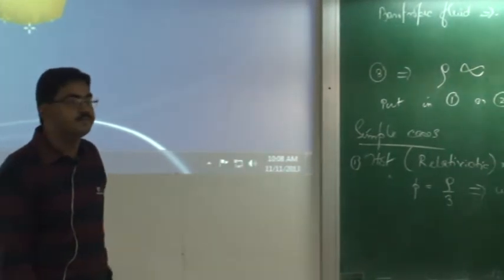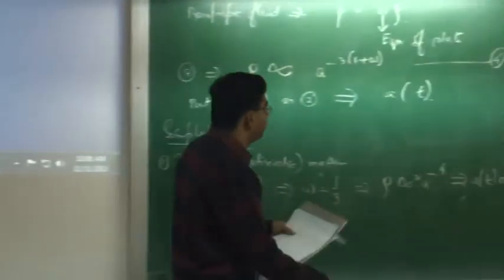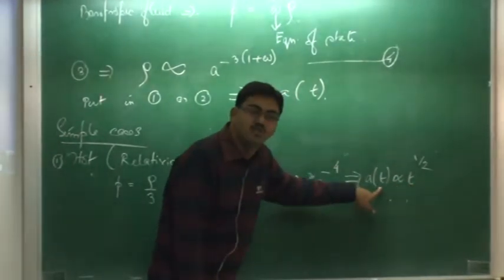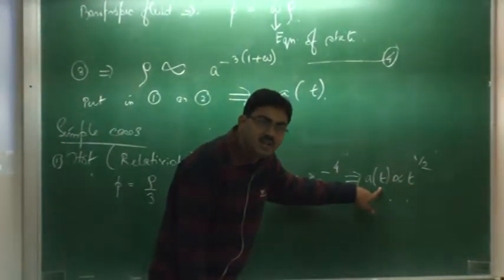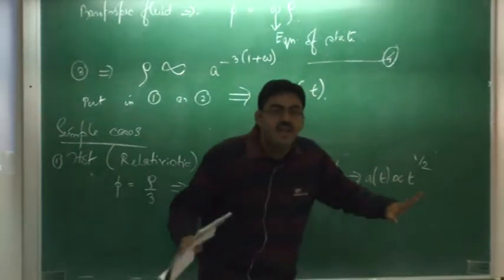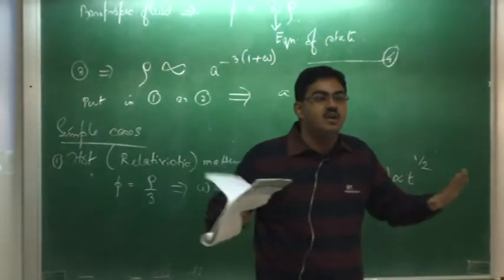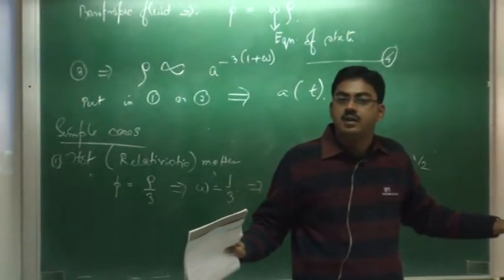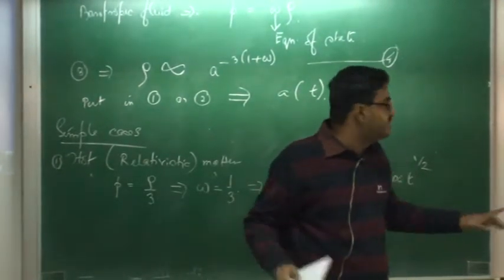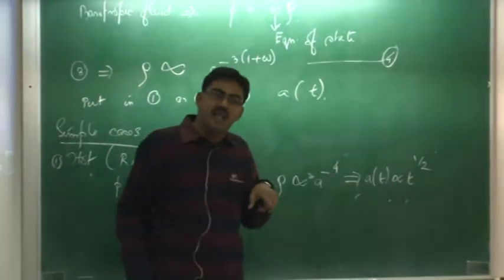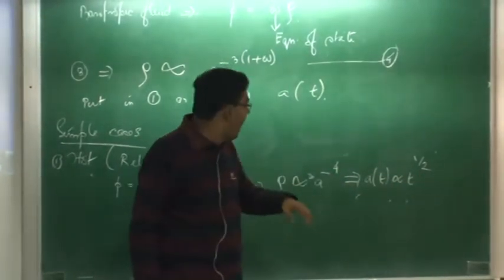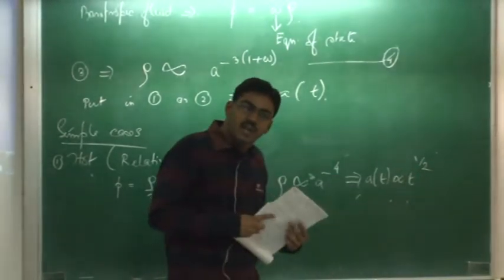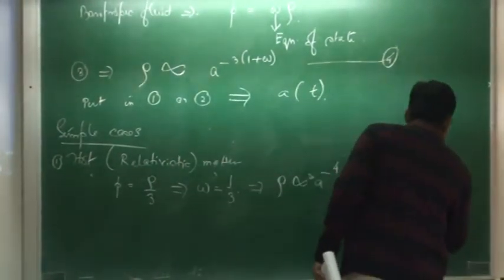So first of all this guarantees that if time increases, this parameter also increases. As long as your universe was really hot, your universe has expanded, because the scale factor has increased during that time. The universe has expanded at a rate proportional to t to the power half. This guarantees expansion of a very hot universe.